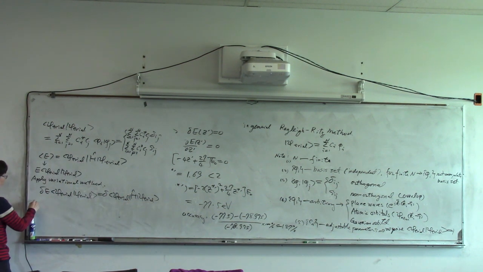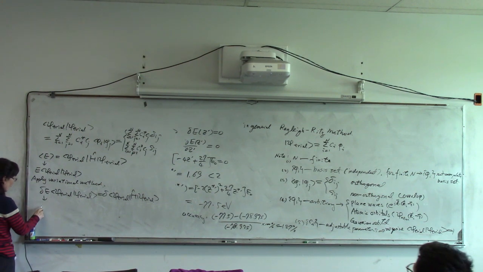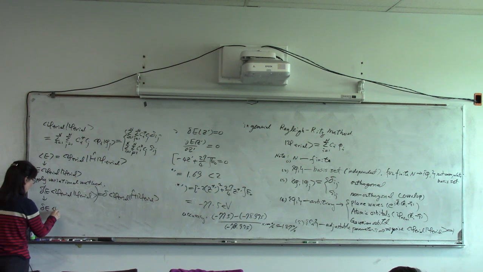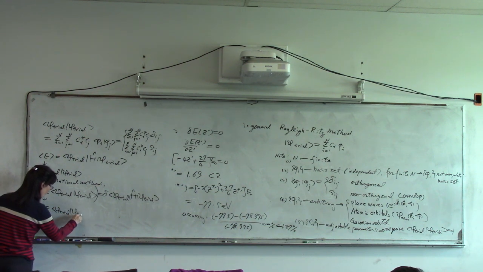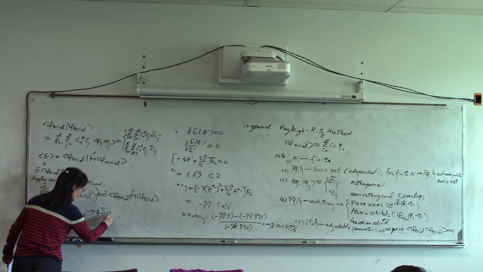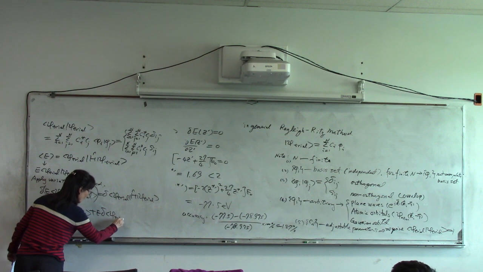The left-hand side is the variation of E, and we keep this trial function, do not vary it, plus E and vary this integral, right?